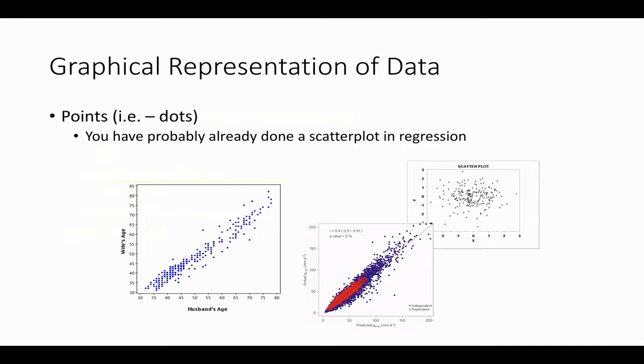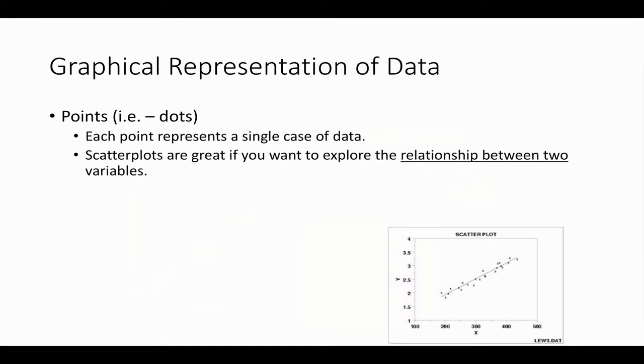So you've probably done scatter plots, at least in your regression class in undergrad, if you haven't done it yet in your graduate work. But when we're talking about a correlation, a scatter plot with dots is probably going to be the thing that we want to use, right? Now, in the convention, when you're using a scatter plot, each dot represents one case.